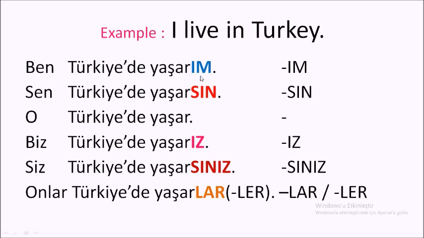So for I, which is ben, im, sun for sen, which is you. As you see here, there's no suffix or tags. That's why this is the empty part here. Yaşarız shows the person we, and sınız you, which is plural form, and lar shows they in English.